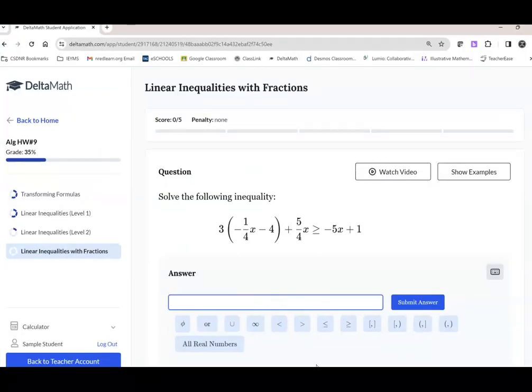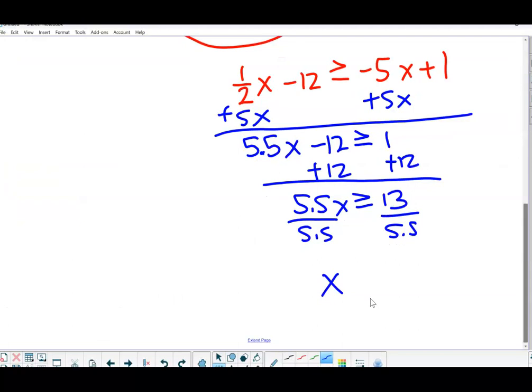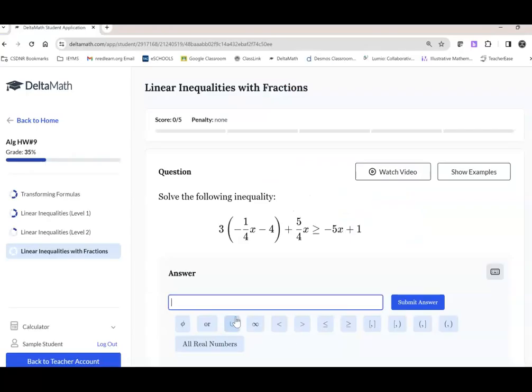So I can say, let's go back here. X is greater than or equal to 26 over 11. Now you might see a lot of symbols down here. These four at the end we're going to talk about later in the week, but this is for interval notation.